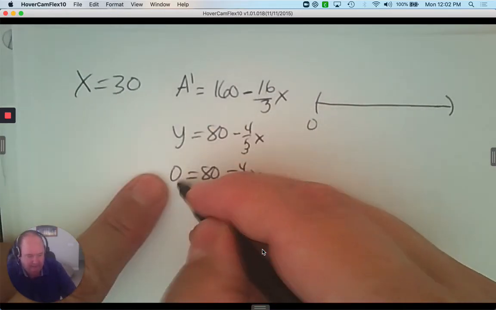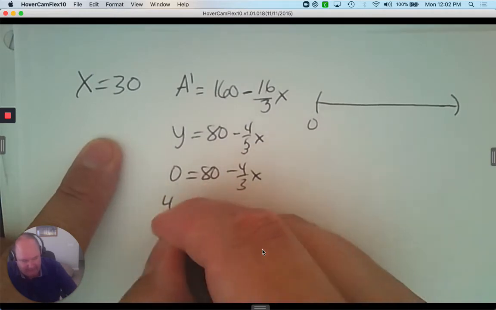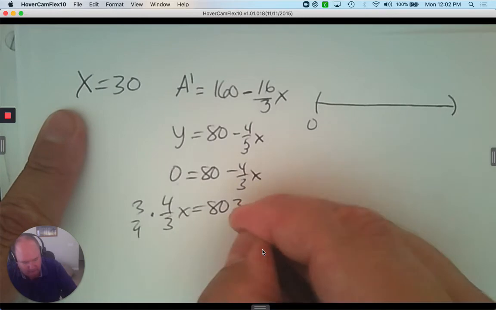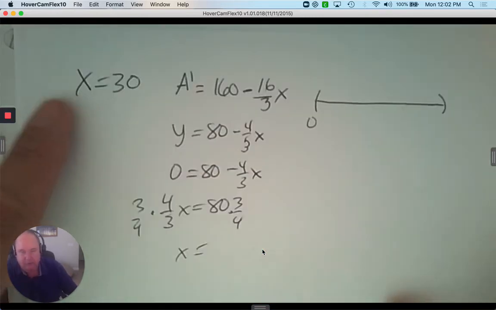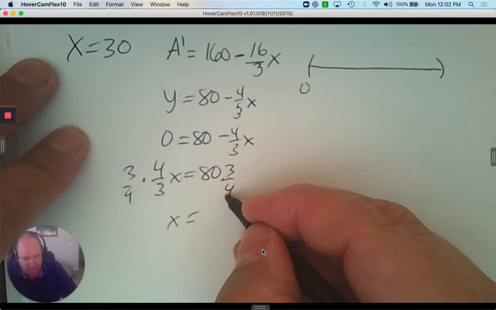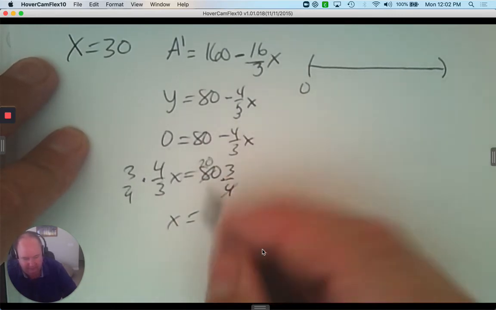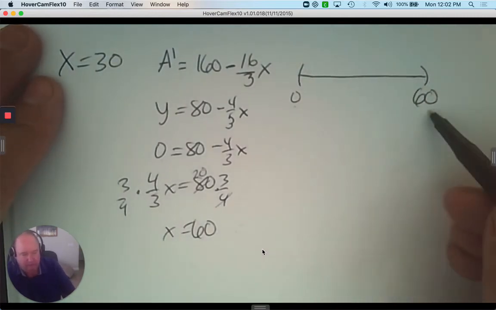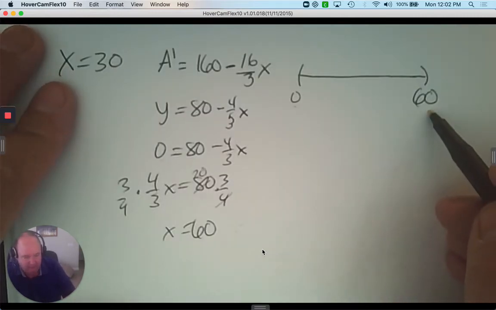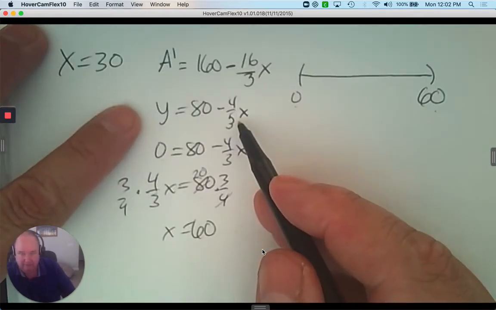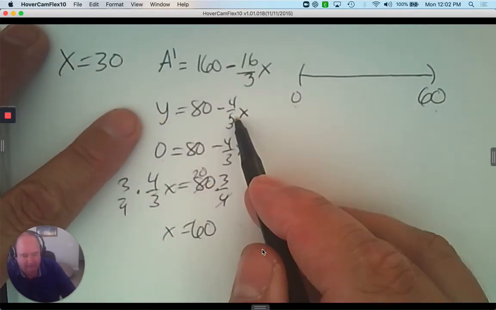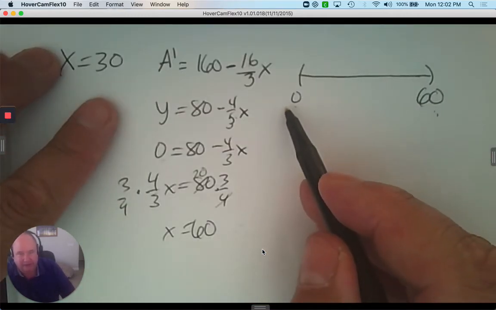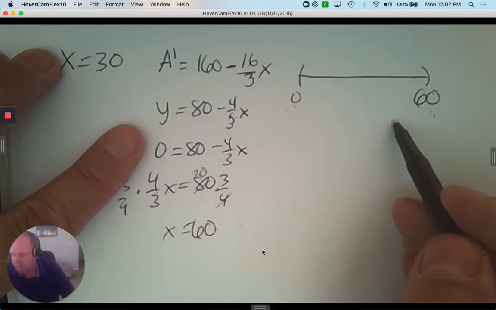So if I take that and make it equal to 0, then if I add 4/3 and then multiply by the reciprocal to get x by itself, what's the other end of the x value? So 4 goes into 80 20 times, and 20 times 3 is 60. So x has to be between 0 and 60. If it's bigger than 60, then the y value will be negative. We don't want that. So we took the y value equal to 0 to find the other end of the restriction. That means my answers have to be between 0 and 60 for this real world situation.